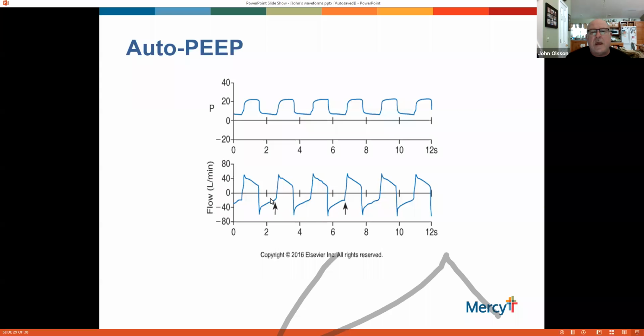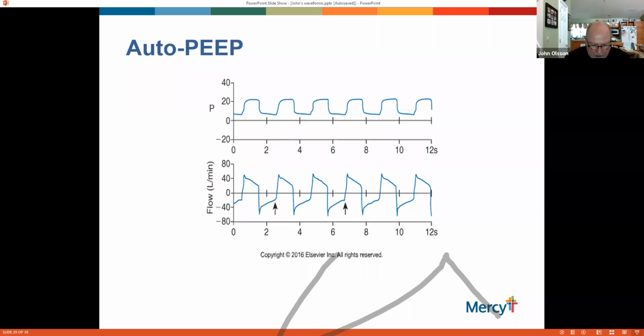If this is happening, you can fix it by giving them their flow faster, so maybe they're not getting a big enough flow. Or you can drop their tidal volume a little bit, which would give them more time to exhale because it's taking less time to give the breath.